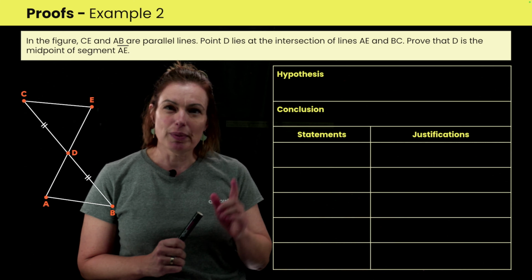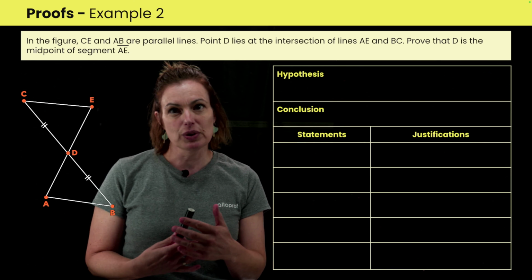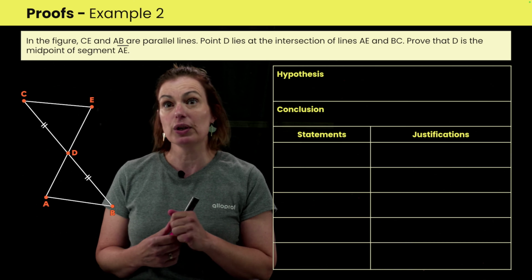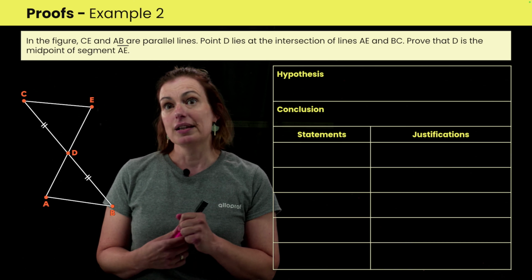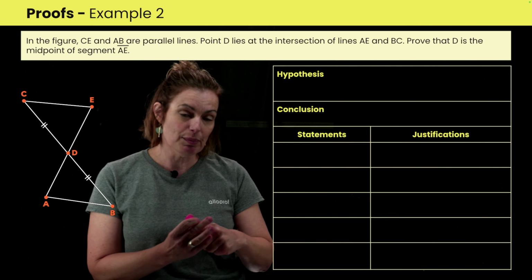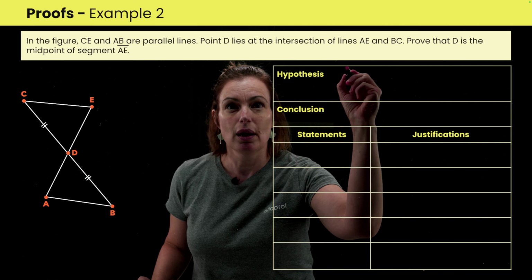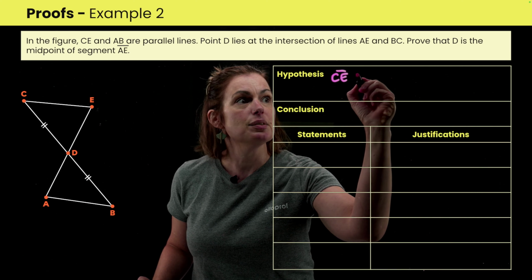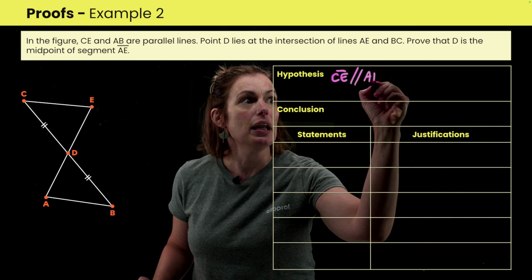The hypothesis, remember, has got to be something that is given to us in the problem. So we'll take a look at our figure here and our problem, and we know that from the problem, CE and AB are parallel lines. So that is the first statement I'm going to make in my hypothesis. I'm going to write that the line CE is parallel to the line AB.